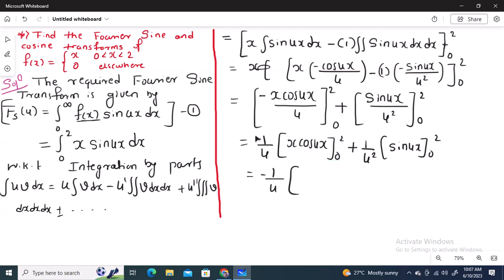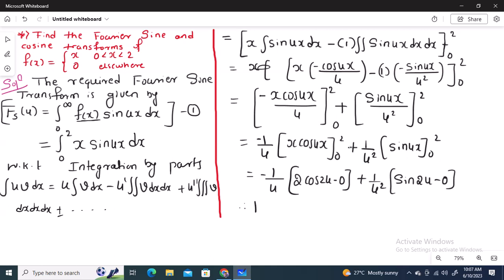So what happens with simplification? First term 2 cos 2u minus 0 plus 1 by u square. Second term simplification: sine 2u, sine 0, x is 0, sine 0 will be 0. So this becomes sine 2u minus 0.